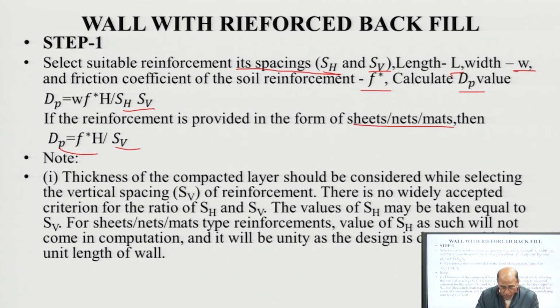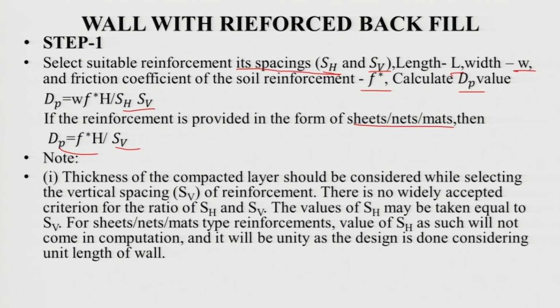There is no widely accepted criterion for the ratio of SH and SV. The value of SH may be taken equal to SV. For sheet, net, mat type reinforcement, the value of SH as such will not come in computation and it will be unity, as design is done considering unit length of wall.